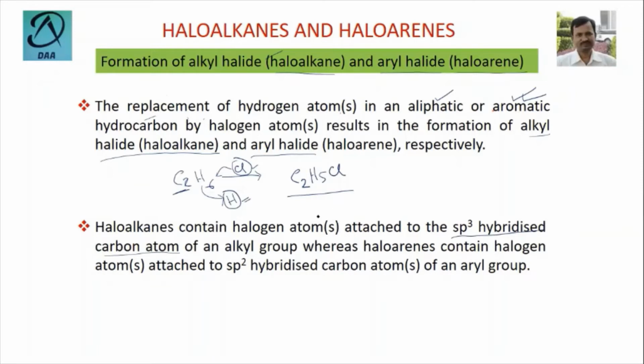We'll give the next example, then it will be very clear to you. Whereas haloarenes contain halogen atoms attached to an sp2 hybridized carbon.